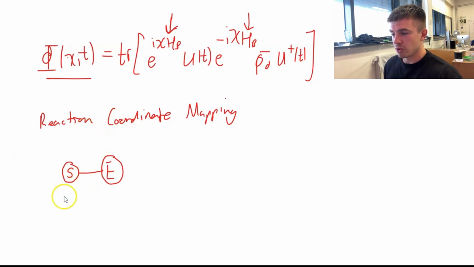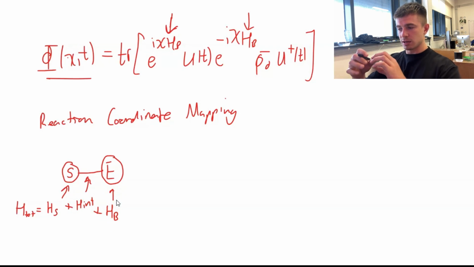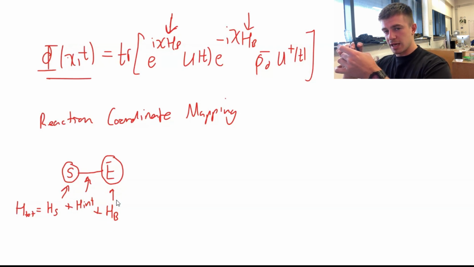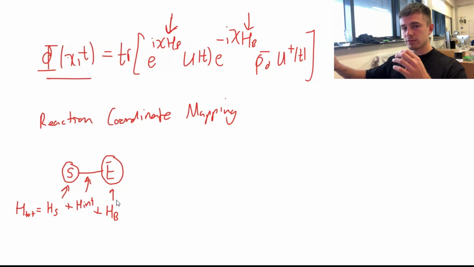So as before, the system would be described by some system Hamiltonian. The environment, or the bath, I'm using these terms interchangeably, will be defined by its environment Hamiltonian, and then this line represents the interaction between the 2. And then we sum all these together and we get the total Hamiltonian. So what the reaction coordinate mapping does is it takes this picture, and we're going to take a part of the environment out and leave the rest of it there.